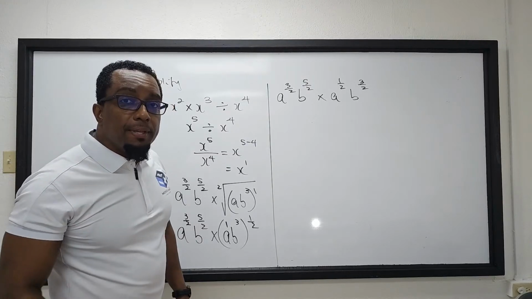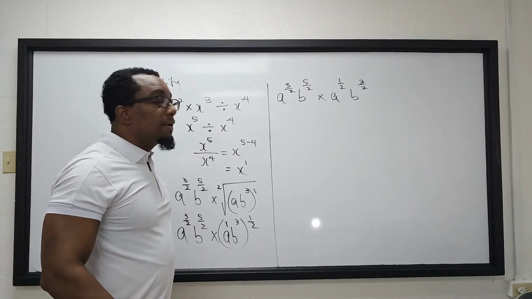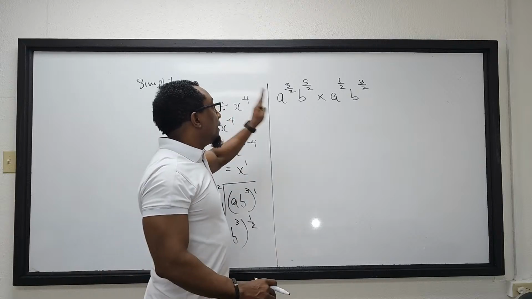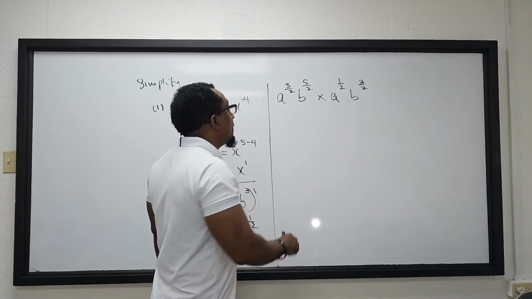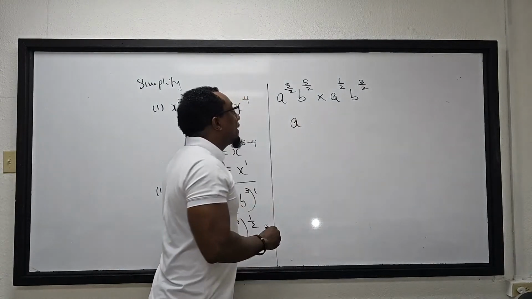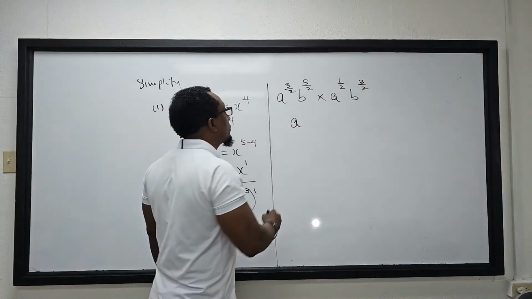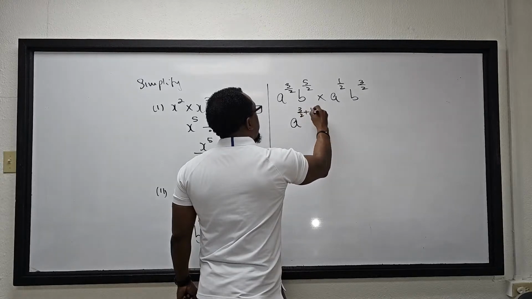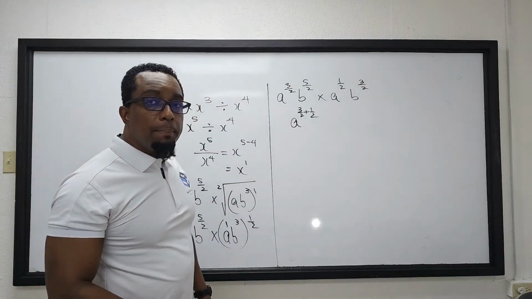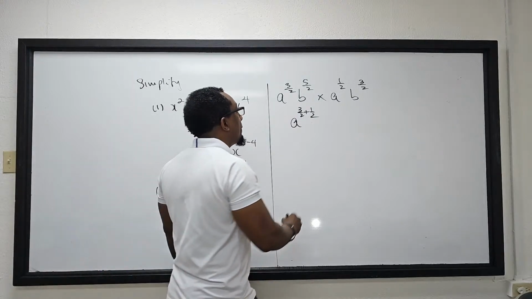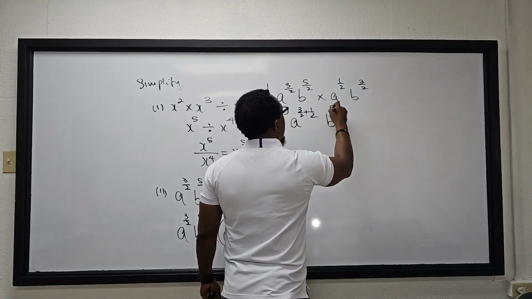And now I can further simplify by using my law of multiplication. a to the power of 3 over 2 by a to the power of a half, I keep a and I add my powers, 3 over 2 plus a half. b to the power of 5 over 2 by b to the power of 3 over 2, I keep b and I add my powers.